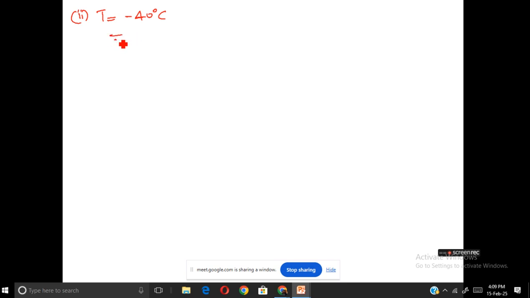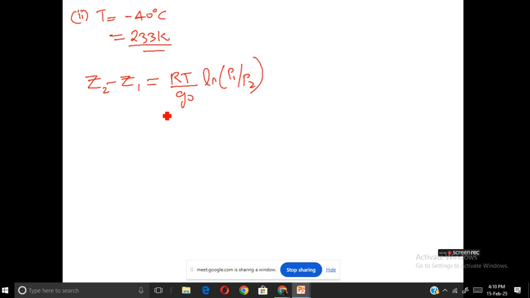So temperature is minus 40 degrees Celsius, which is basically minus 40 plus 273 Kelvin. It will be 233 Kelvin. So if we are considering the atmosphere on top of the poles, the geopotential thickness Z2 minus Z1 is given by RT by G0 log P1 by P2.